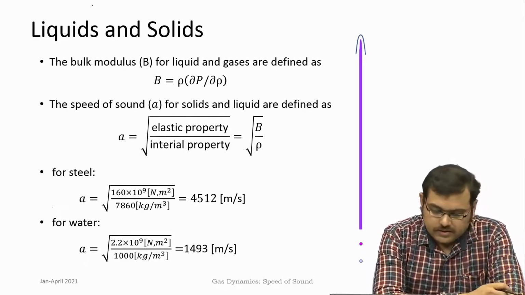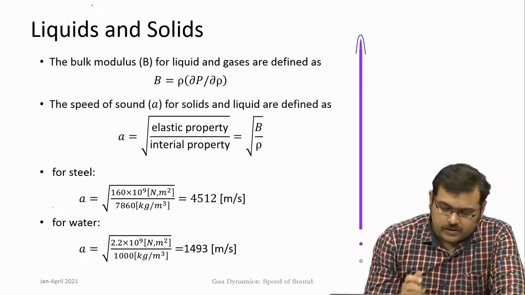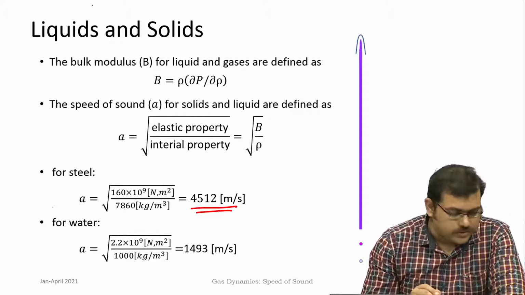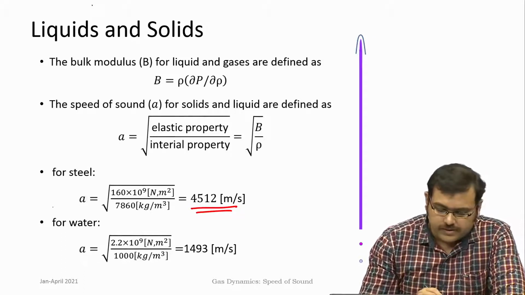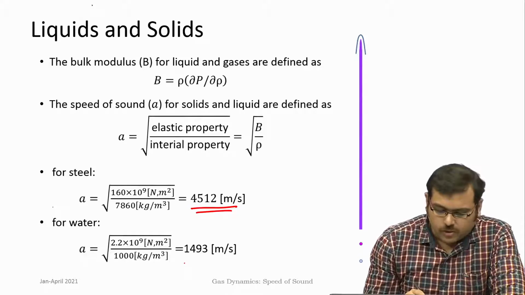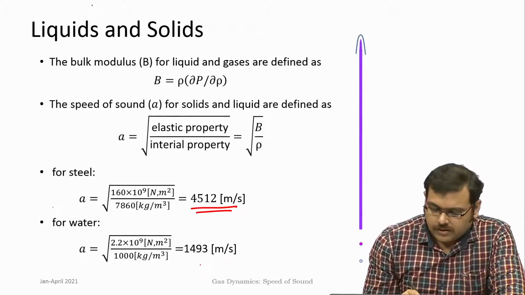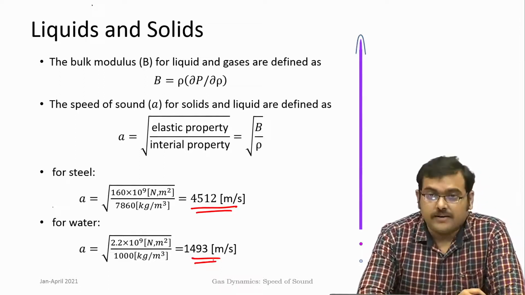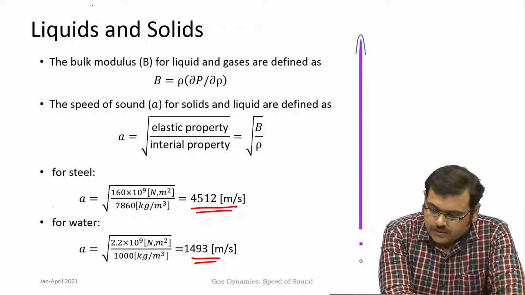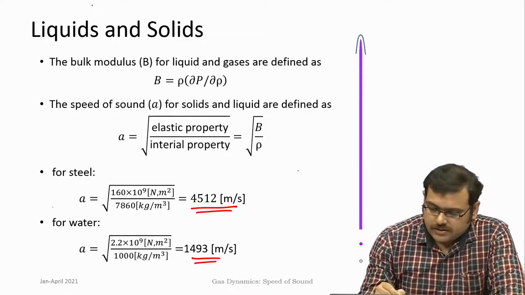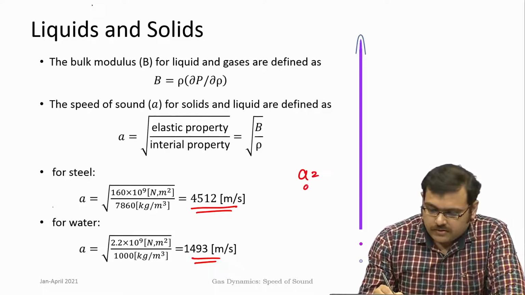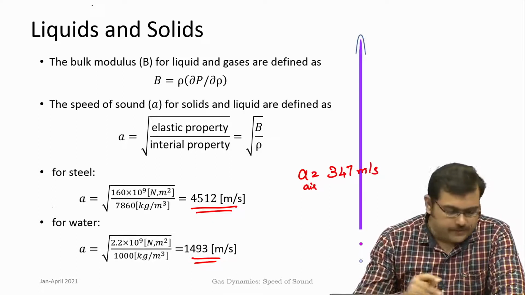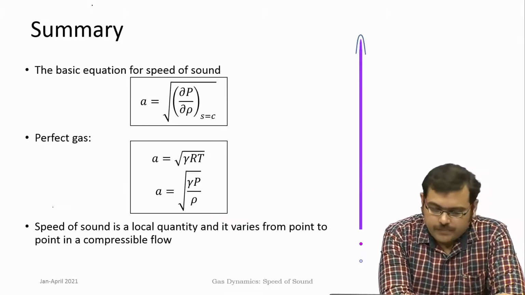You can see that for solids the speed of sound can be very high, 4000 meters per second in steel, while for water it is close to 1500 meters per second. For air at normal temperatures the speed of sound is around 347 meters per second.